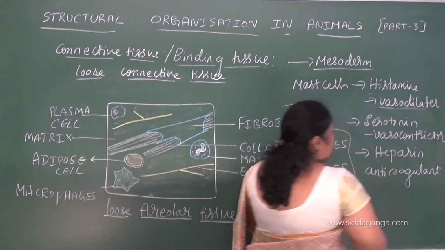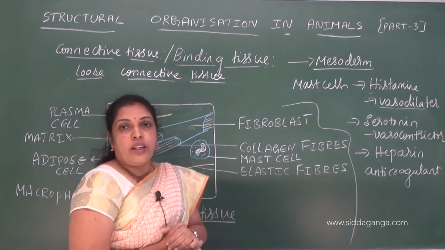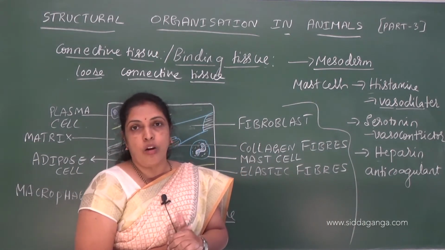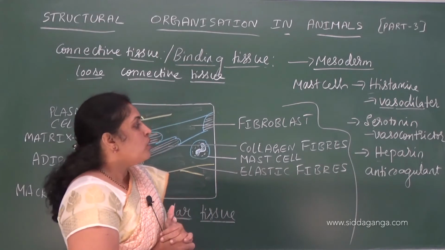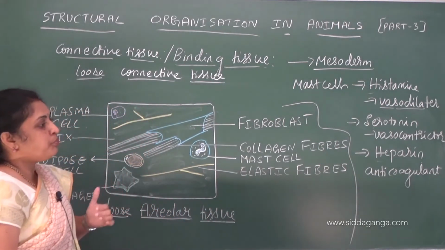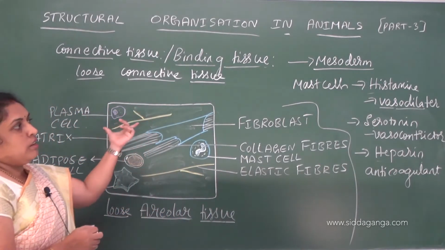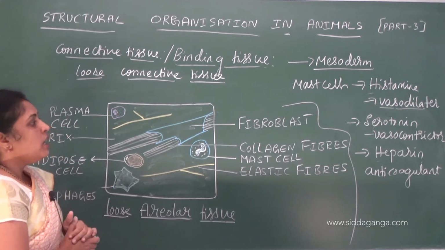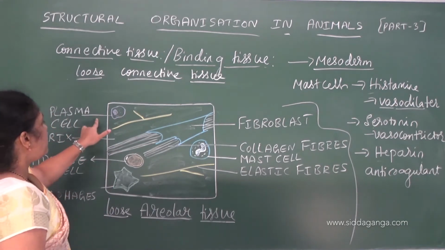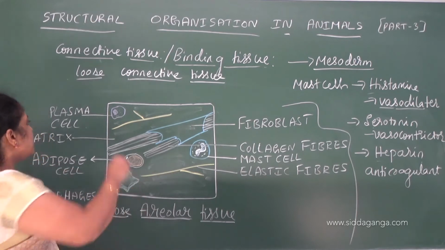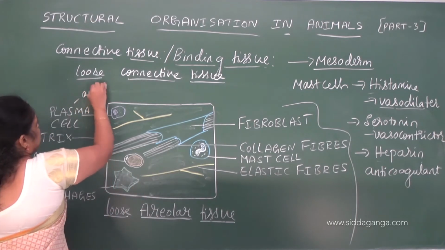Heparin acts as an anticoagulant. It prevents the clotting of blood. Understood? So this is about the mast cells.